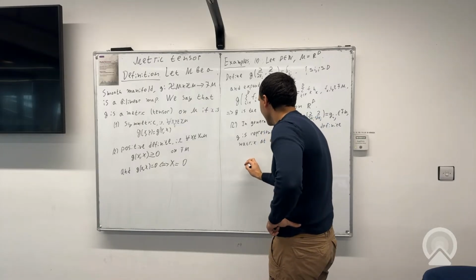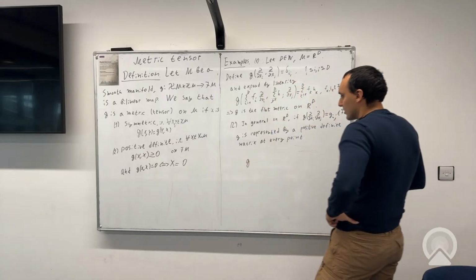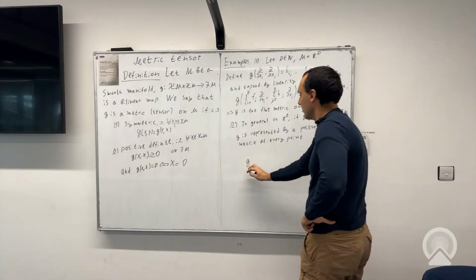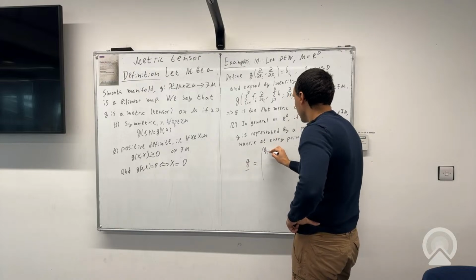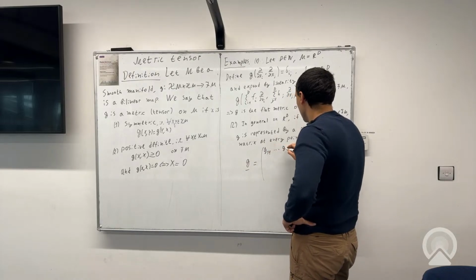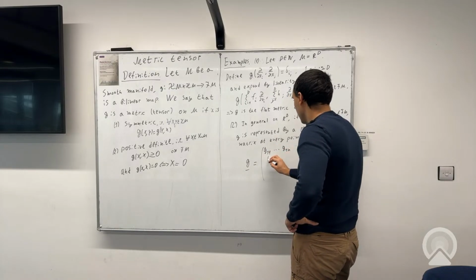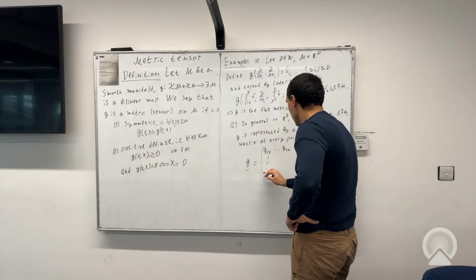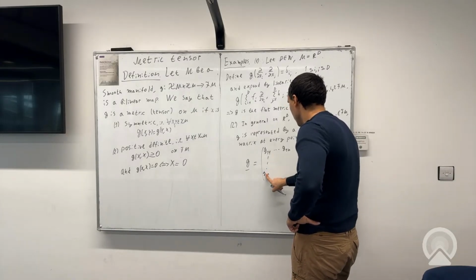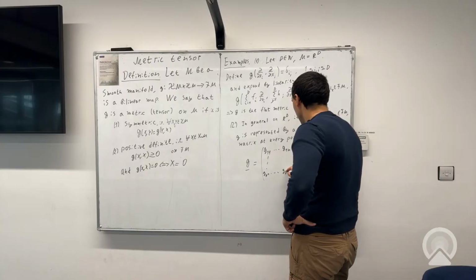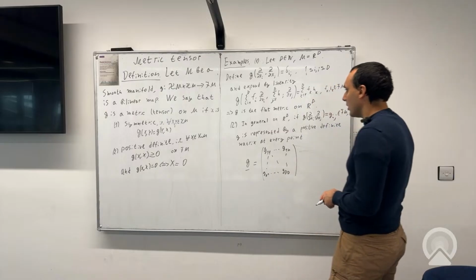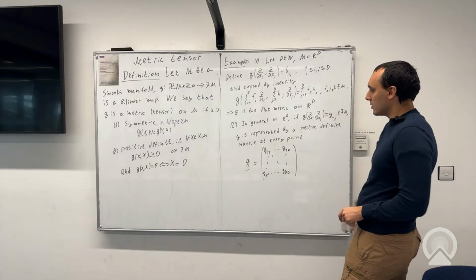Let's call it, people usually use G as well, but let's put some symbol there. So G is G11, G1d, Gd1, G dd. And the standard metric is diagonal.